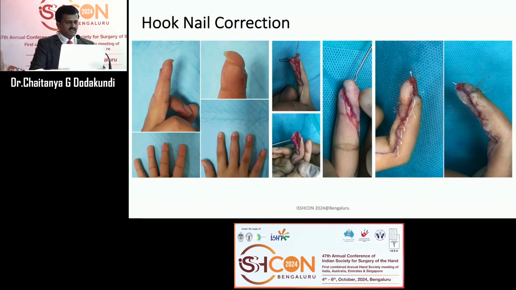This was a hook nail, where you can see there is severe beaking of the nail. We took an oblique triangular flap. We did a small osteotomy on the phalanx which was present, extended the nail bed, and used this to cover the pulp. Unfortunately, this patient has not followed up, but we try to do more of these.